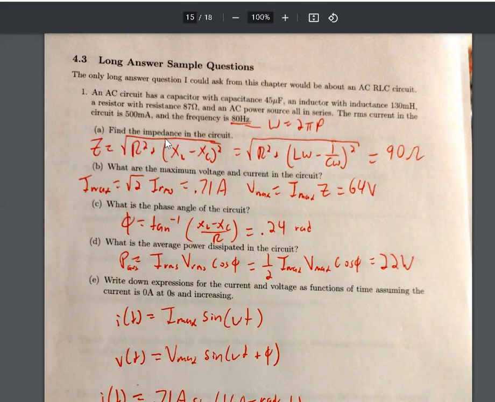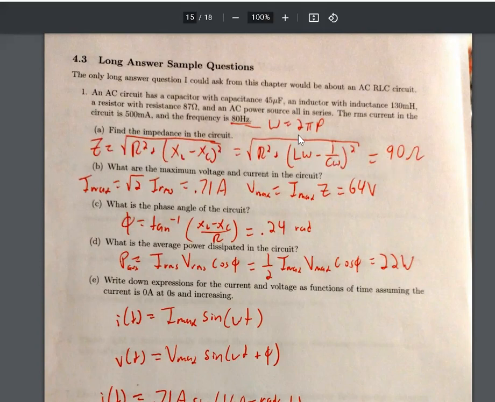All right, so first we want the impedance. The impedance is given by the square root of the resistance squared plus the difference in the inductive and capacitive reactances squared, okay? The inductive reactance is given by the inductance times the angular frequency, and the capacitive reactance is given by 1 over the capacitance times the angular frequency, okay?